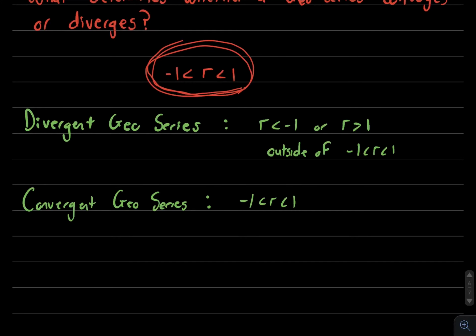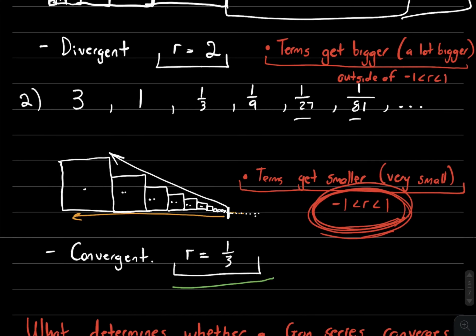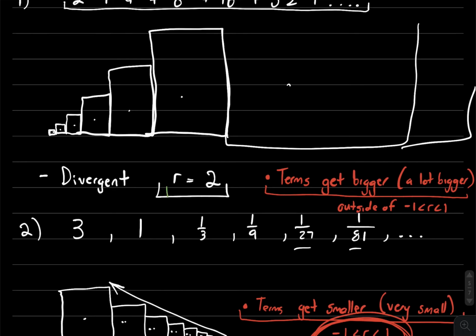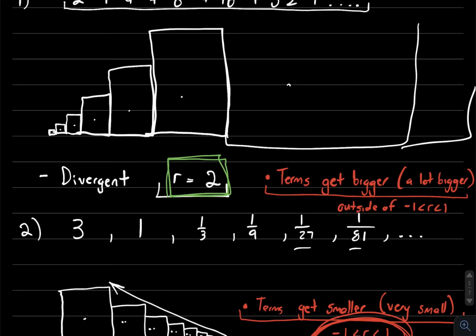So let's look at our examples and see whether they actually follow this rule. In our example here, our R was 1/3, and 1/3 is definitely in this interval. So it should be no surprise that it's convergent. Okay? Then let's look at our other example here. Our R was equal to 2, and R is definitely outside of this interval.